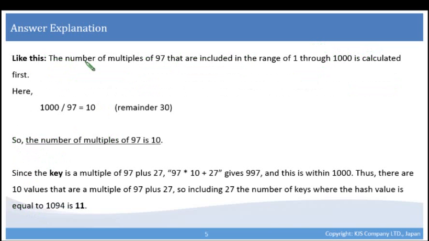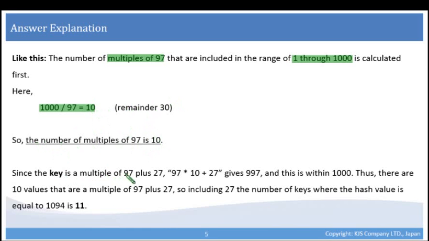So, to find out the answer for this question, we then have to find the number of multiples of 97 that are included in the range of 1 through 1000. So here we do 1000 over 97, which is 10, remainder 30. So the number of multiples of 97 in this range is 10.